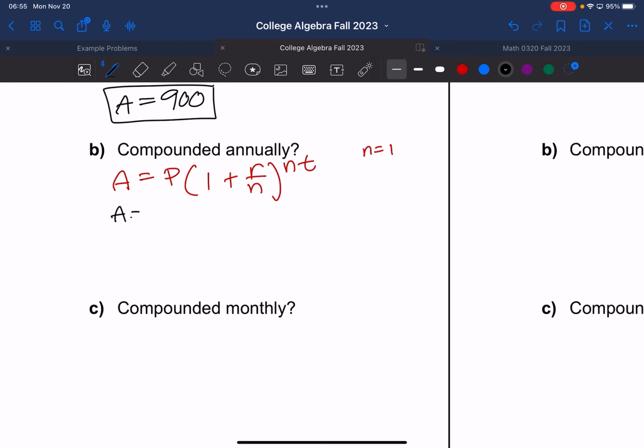So A is equal to P, which we said was 800, times 1 plus our rate, 0.025, divided by 1, to the power of NT, so 1 times 5. All the same numbers we used in the problem, plugging it into a different formula. Go ahead and type that into your calculator.